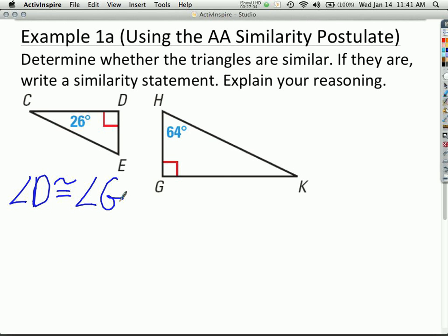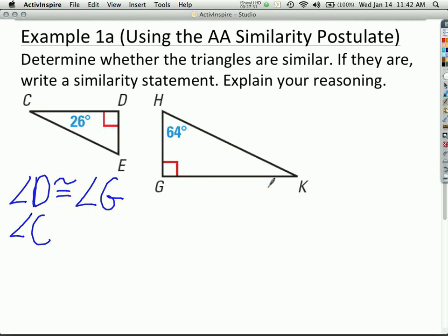Is there another pair? Can someone give me another one? Nathaniel? Angle C and angle K. All right, angle C, I see here, is 26 degrees, but I do not see it here. So I'm not sure how you've come to that conclusion. We need actual solid evidence to support it.